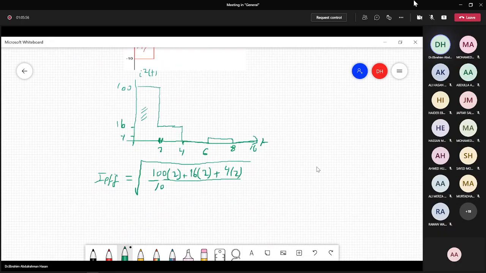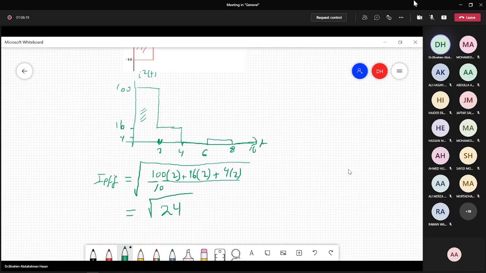What does this become? Equal to 232, plus 8 is 240, root of 24. Root 24 is approximately 4.9 maybe. Okay, this is the effective value.